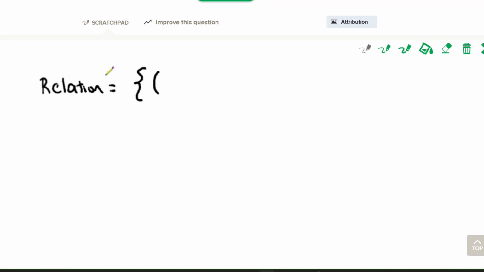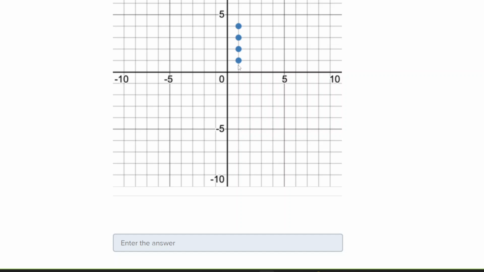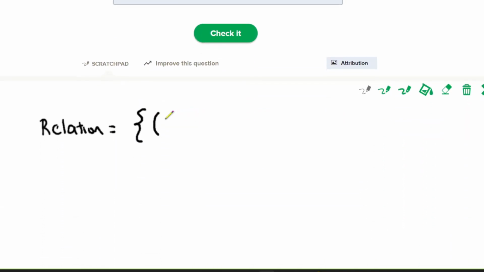So one ordered pair, so I'll start with the parentheses here. I'll do this point, this bottom point of the 4 points. Now you see that's in line with 1 on the x-axis and 1 on the y-axis. So it would have coordinates 1, comma, 1. There's one ordered pair.